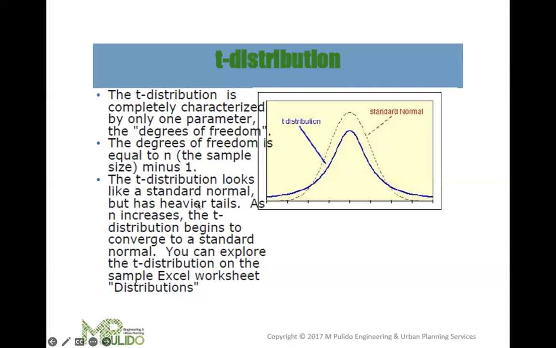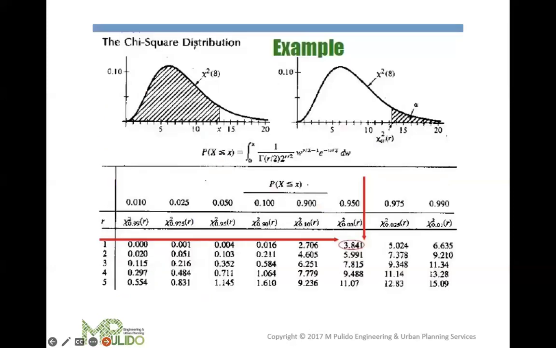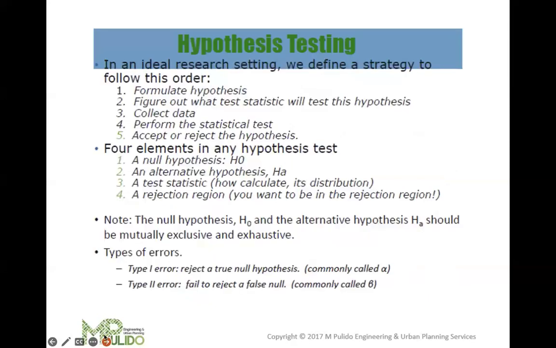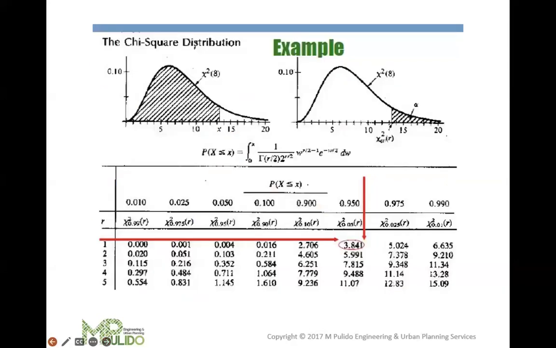Okay, the one, advance it. Next slide. Yes, that's the one. The drawing, the chi-square. This is an example of chi distribution, but I think there's a better slide than this.